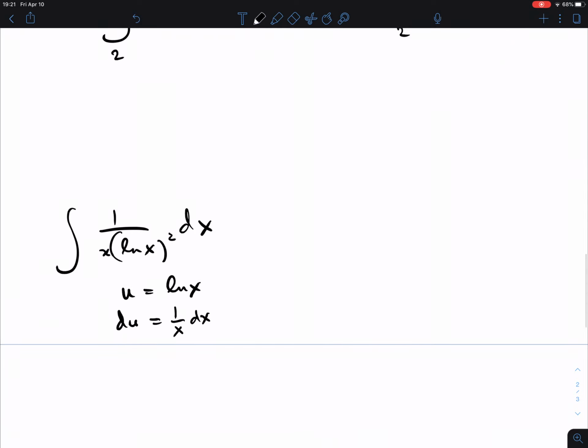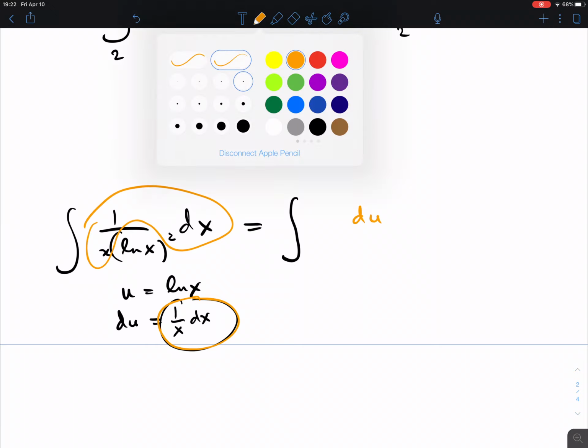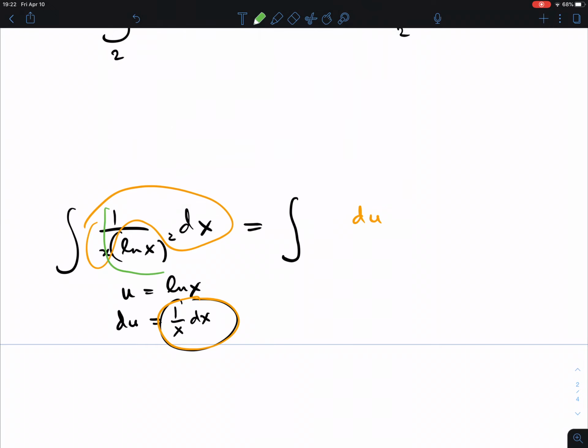So now I can replace everything. The 1 over x dx is just du, and the other part, 1 over ln x squared, with ln x equal to u, is 1 over u squared.